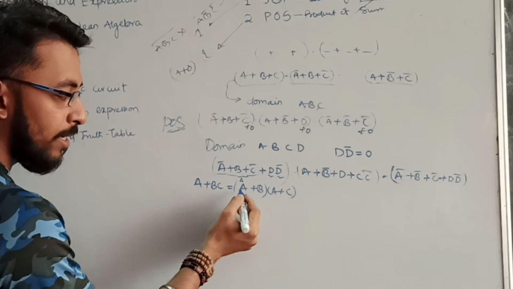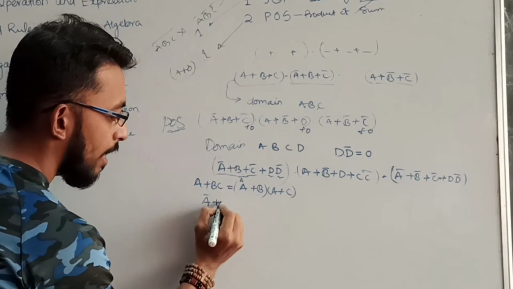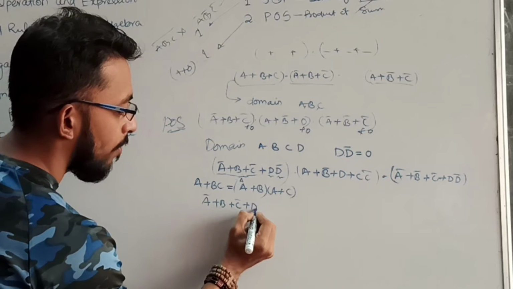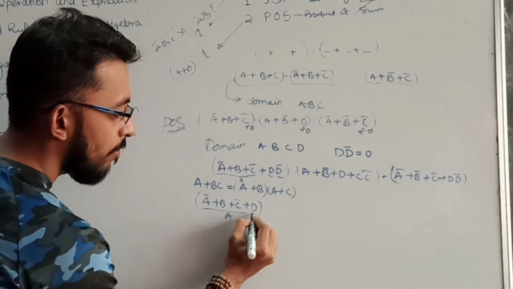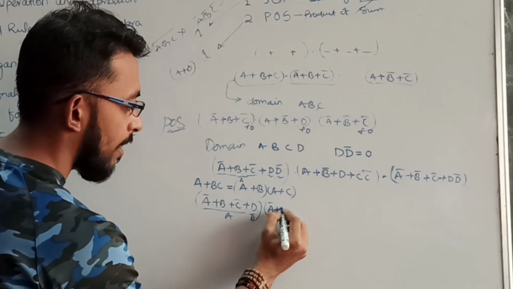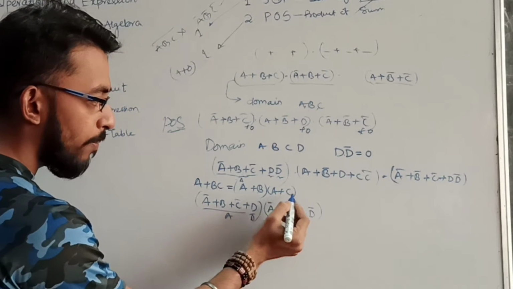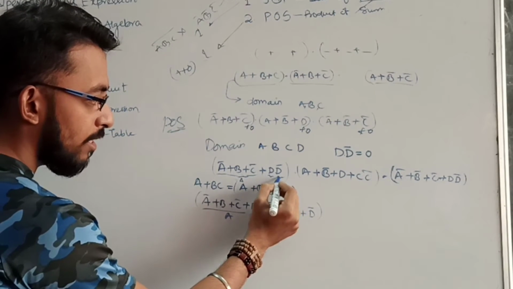It means A bar plus B plus C bar plus D, that is A plus B. Then multiplied with A bar plus B plus C bar plus D bar, that is A plus C.